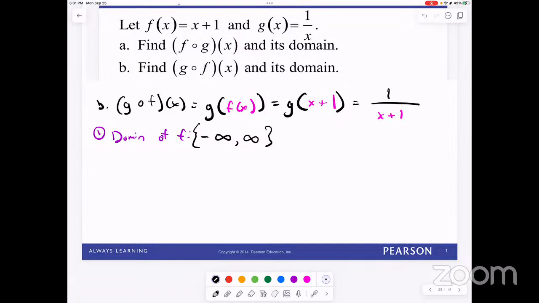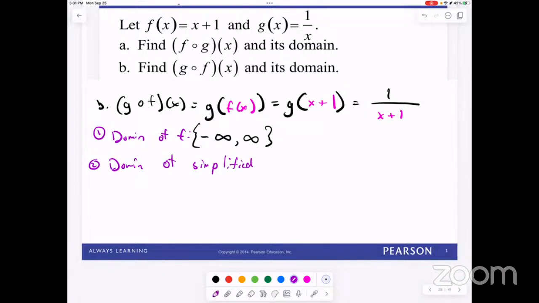Then let's find the domain of the simplified function. Our simplified function is 1 over x plus 1.